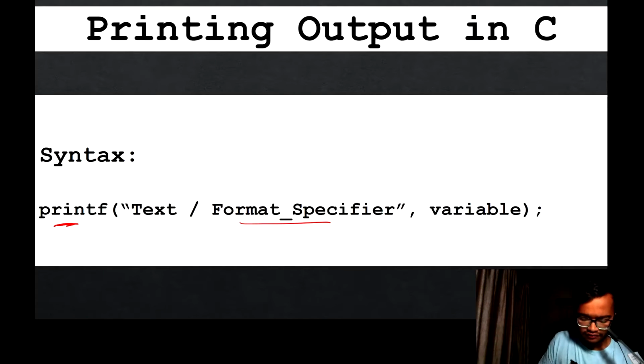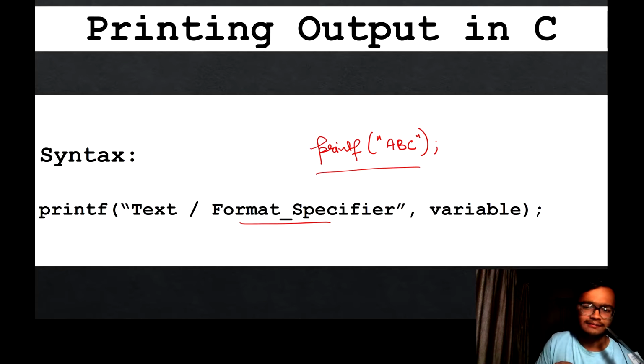If we are not printing the value of any variable, it is not necessary to write the variable name. Suppose you want to print ABC on the screen. So you will write printf, and in quotes, A, B, C. Simple. This code will simply print ABC on the screen.